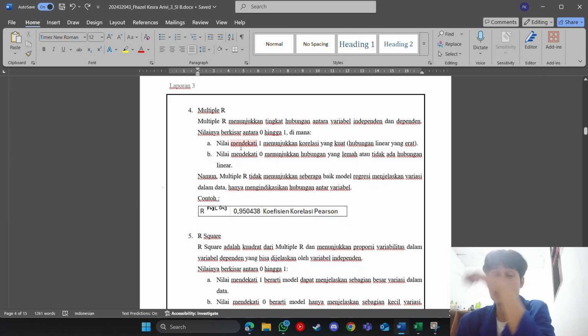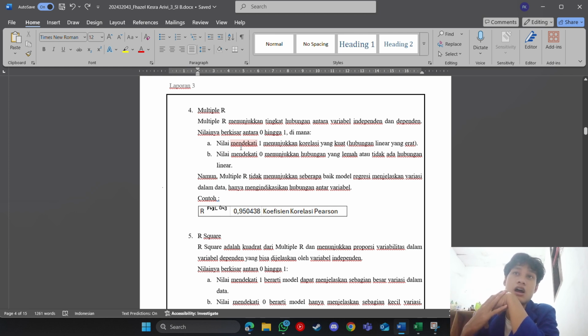What is multiple r? Multiple r shows the level of correlation among the variables.